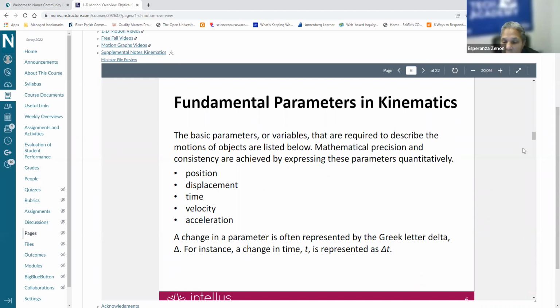Whatever that symbol delta is in front of, that's the thing that's changing. So if we put the delta in front of the t for time, then we mean change in time, or delta t, okay? If it was change in position, it'd be delta x. We use x for position, for example, okay?